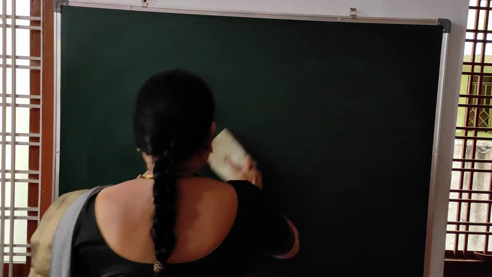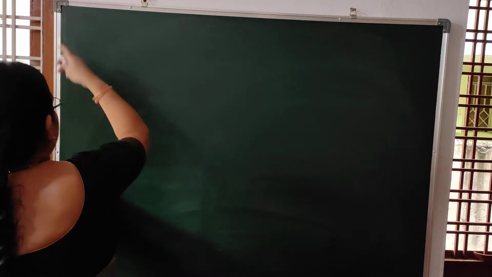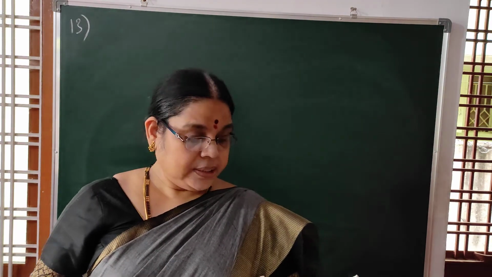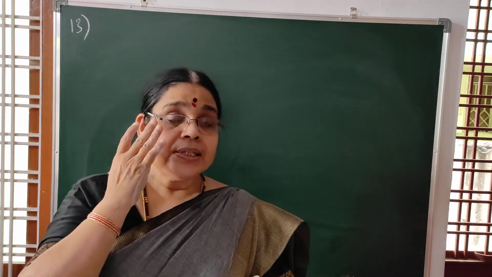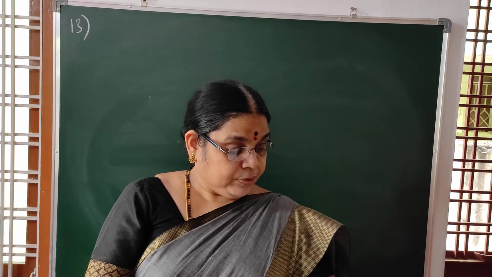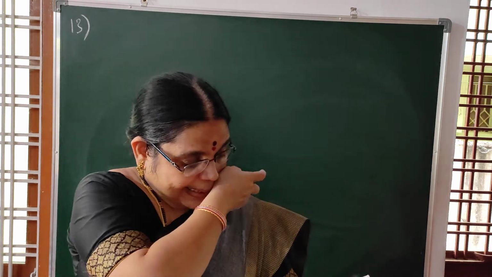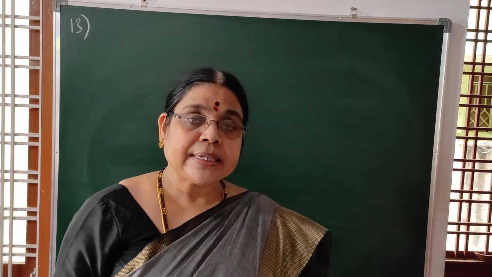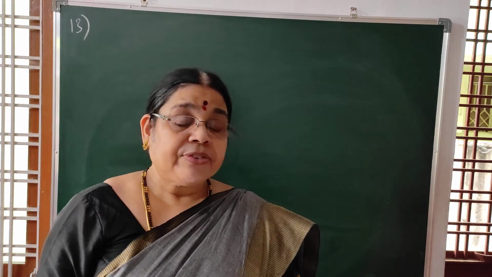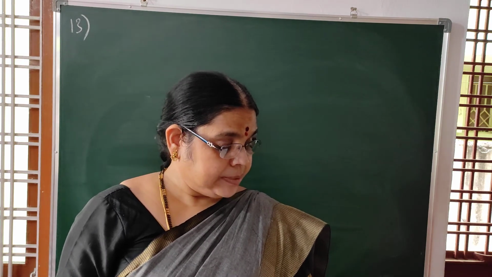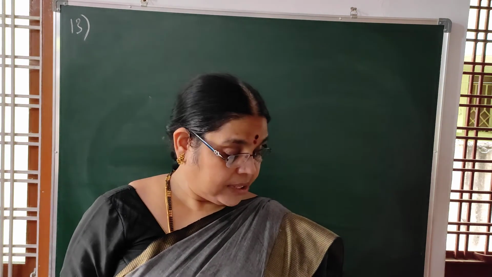Next question is the 13th sum. 5 years ago, a man was 7 times as old as his son. 5 years hence, the father will be 3 times as old as his son.